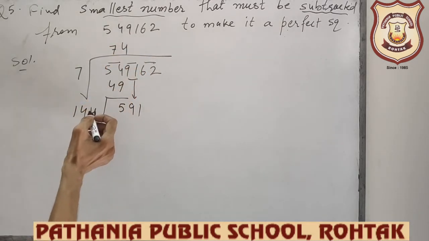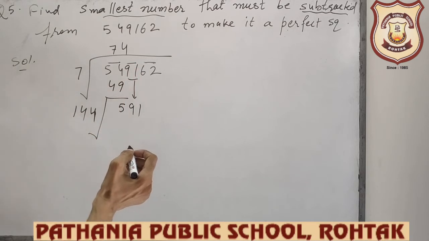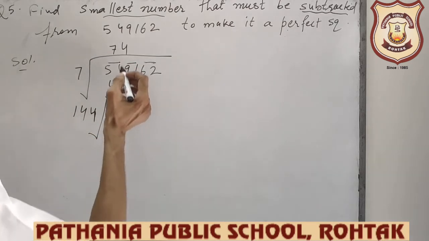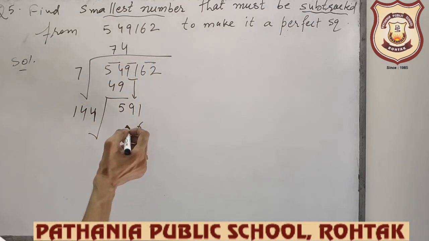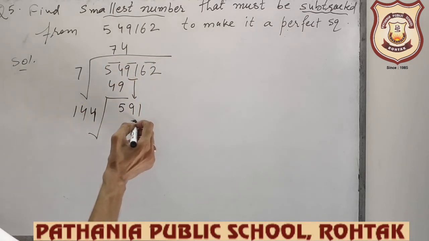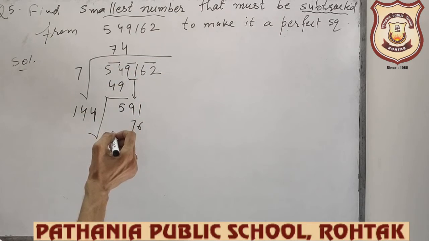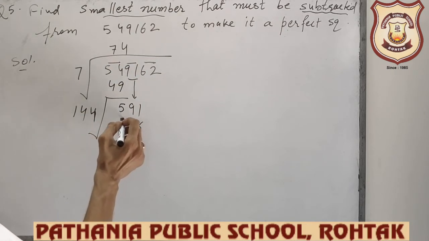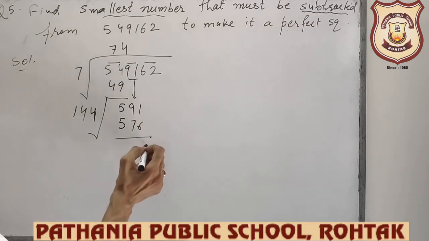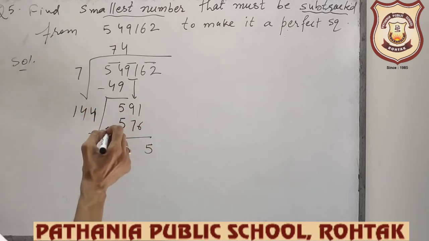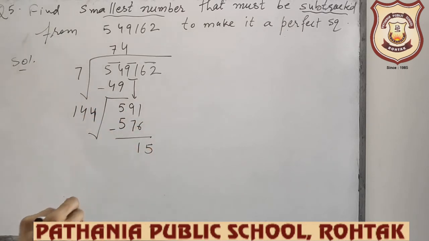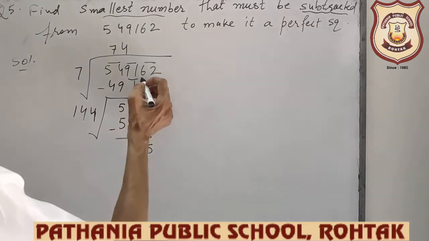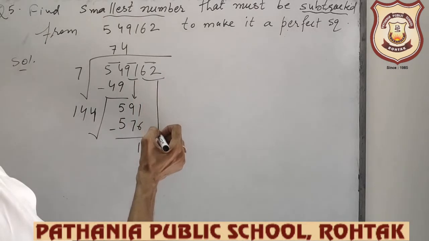Now 144 into 4, what is that? 576. 4 fours are 16, 1 carry, 4 fours are 16 and 1, 17, and 4 1s are 4 and 5. This 591 minus 576 is now what? 15 is left. Now taking the last pair down, that is 62.